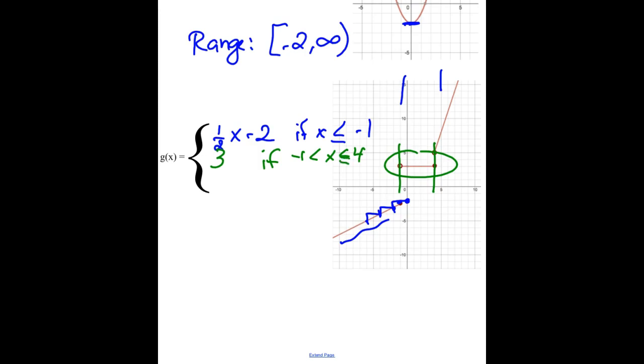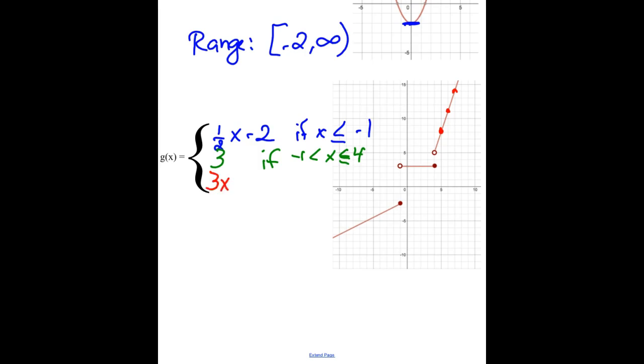All right. And then looking at this one, let's try that again. Looking at the far right piece, can we tell the slope? I'm seeing dots there and there. So how much am I moving up? Up 3 over 1. So it has a positive 3 slope. And then I need the y-intercept.